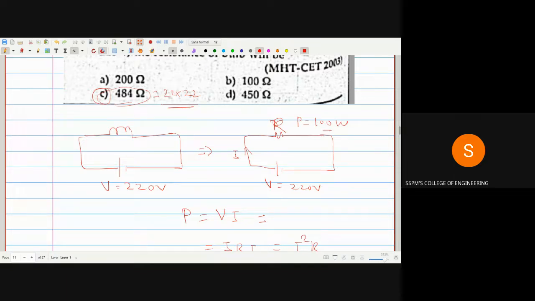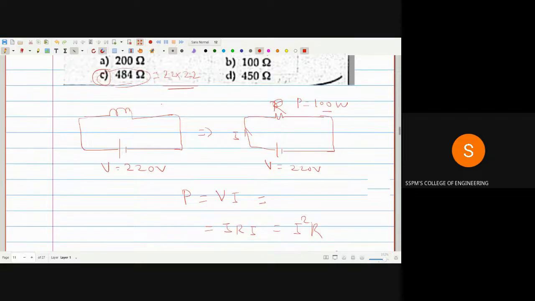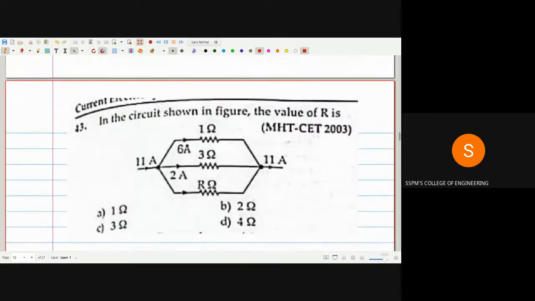Isn't it? आता तुम्ही जर इलेक्ट्रिक आयनचा जर एक्झाम्पल घेतला तर तिथे काय होतं? पॉवर डिसिपेटेड इन टर्म्स ऑफ हीट होतं. So electrical iron is act as a resistive device, and here the power is dissipated in terms of heat. And bulb is also act as a resistive element, and here the power is dissipated in terms of light. Isn't it? हे कॉन्सेप्ट तुमच्या लक्षात पाहिजे.